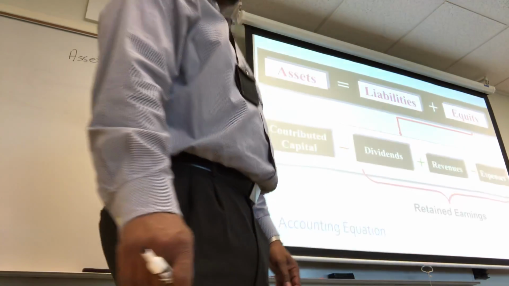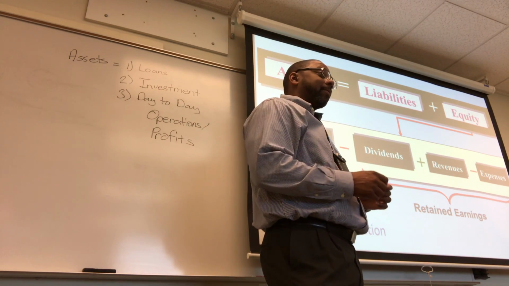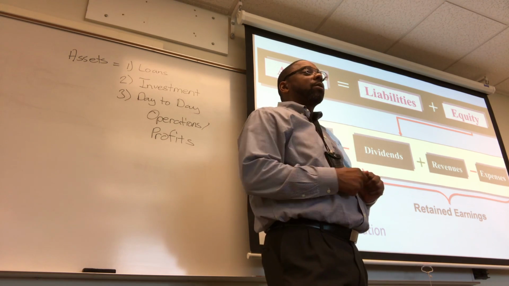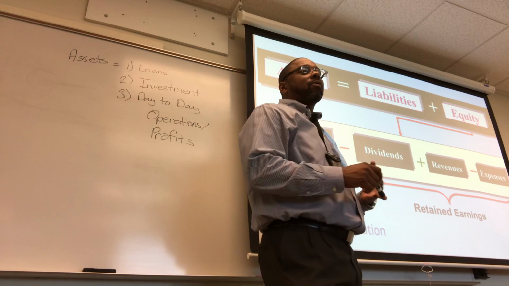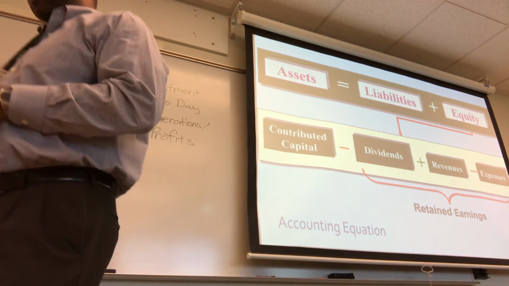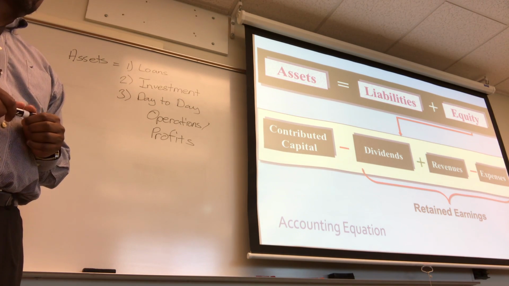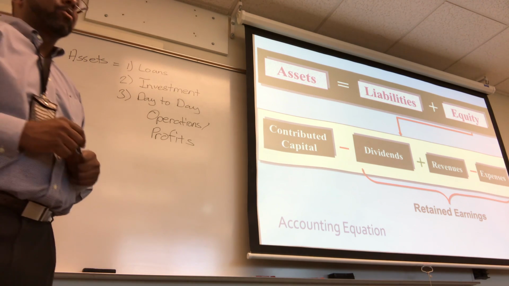That long equation is what we will deal with the majority of this class, not the short equation. So if I ask you what the accounting equation is, please don't just say assets equals liabilities plus equity. Don't take a shortcut. Everyone with me?